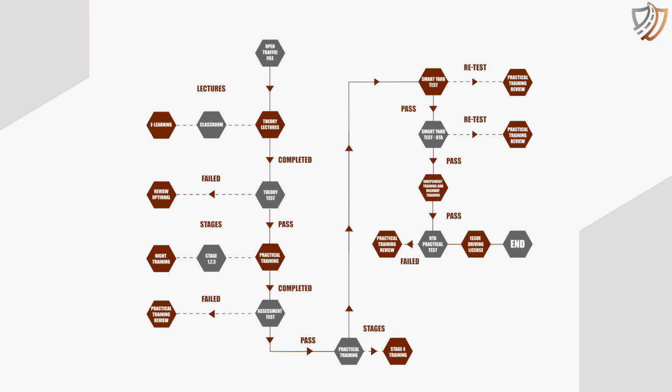After completing the Stage 4 training, now you can apply for the Smart Yard Assessment Test. Once you pass the internal Smart Yard Test, then you can apply for the RTA Smart Yard Test.